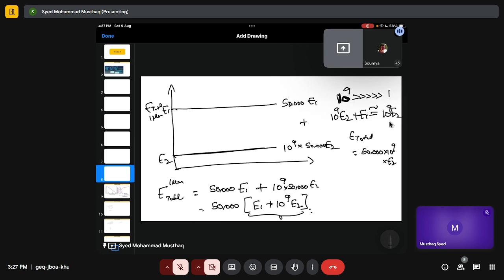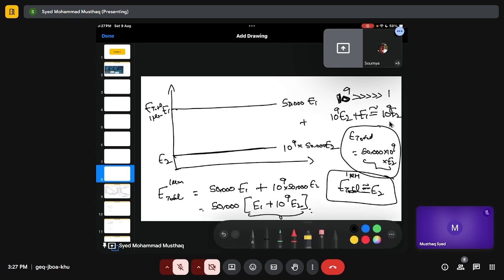So what is this? E total for a 1 micron particle, what is this number? This number is nothing but E2, right? So my total energy of a 1 micron particle is E2.